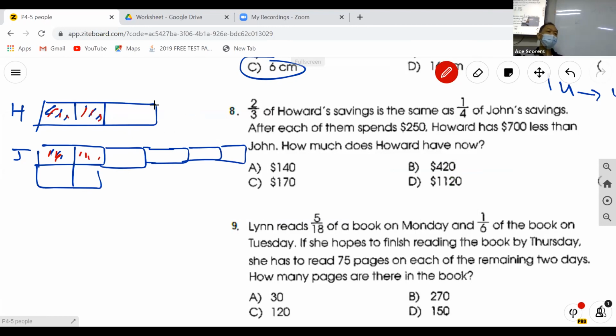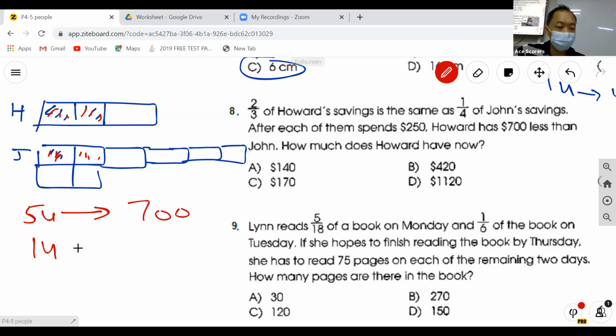Right? So what's the difference between John and Howard? How many units difference? Here is 3 units, here is 1, 2, 3, 4, 5, 6, 7, 8. 8 minus 3, so 5 units difference. So the difference of 5 units is $700.